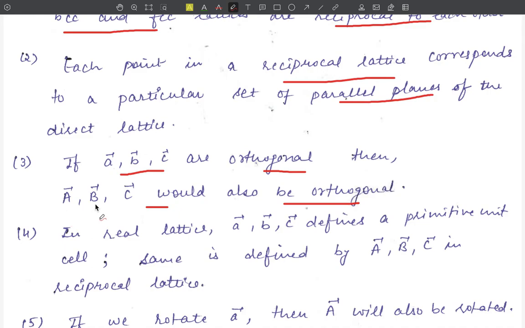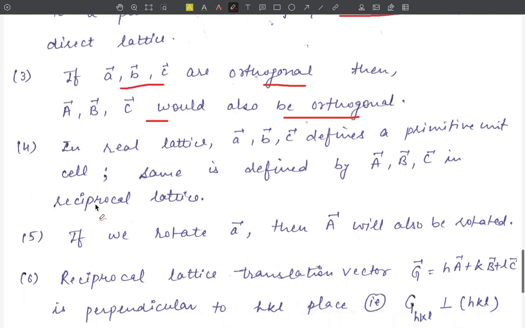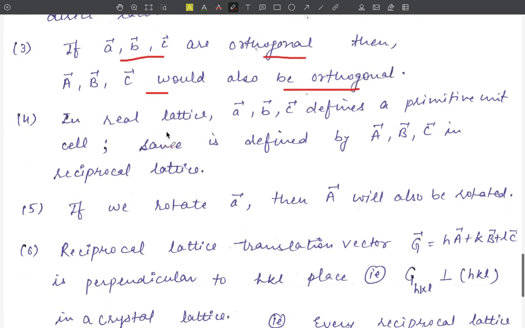The next property is that in a real lattice, small a vector, b vector and c vector define a primitive unit cell, and the same is defined by capital A vector, B vector and C vector in the reciprocal lattice.